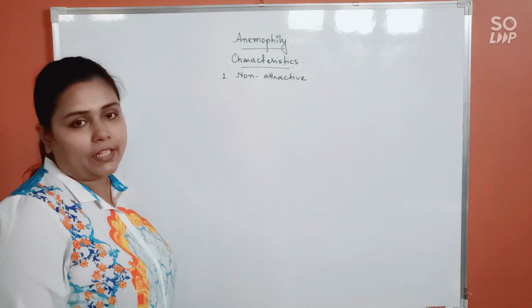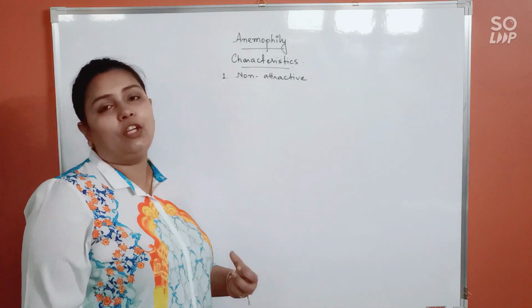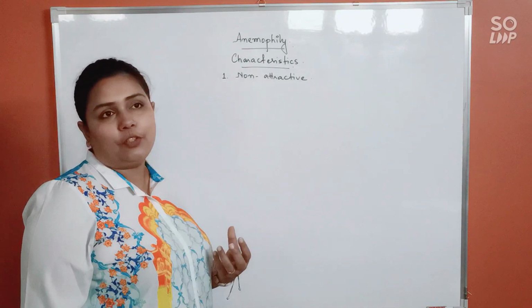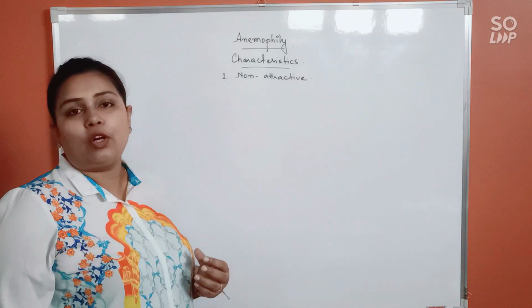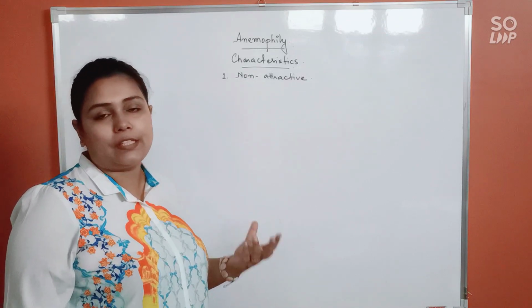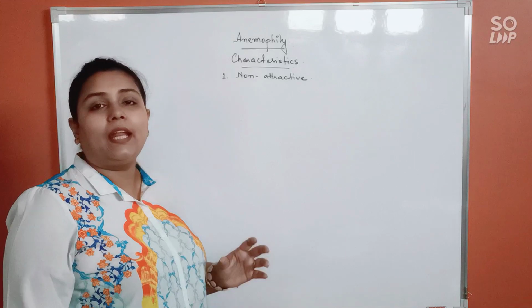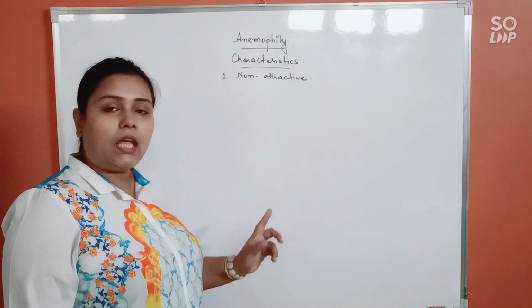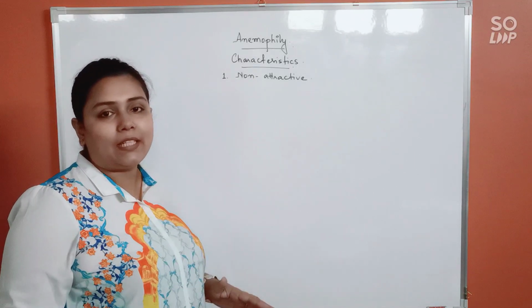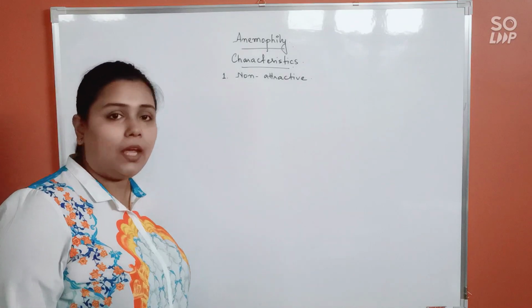they are non-attractive, they are not beautiful, they will not bear any kind of bright colors, or they will not have any aroma or nectariferous glands, anything that can attract, present in the flower. So they are non-attractive or inconspicuous. Okay?